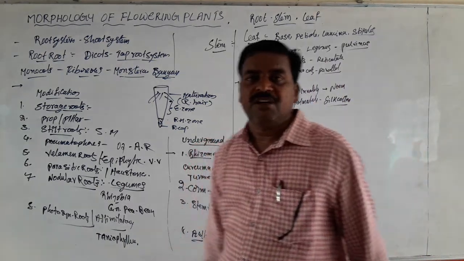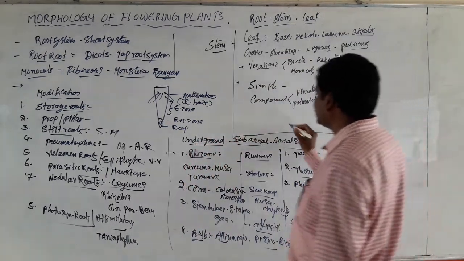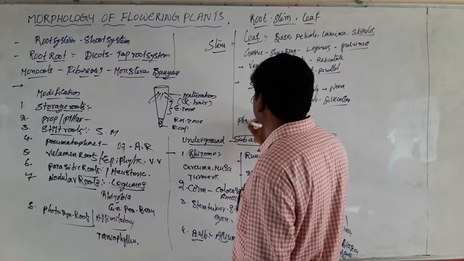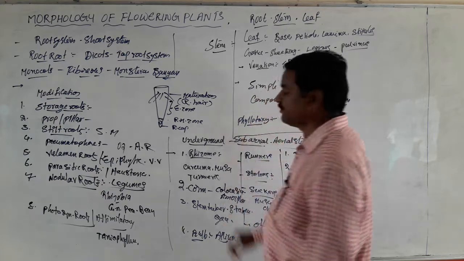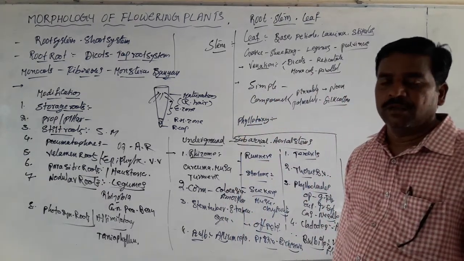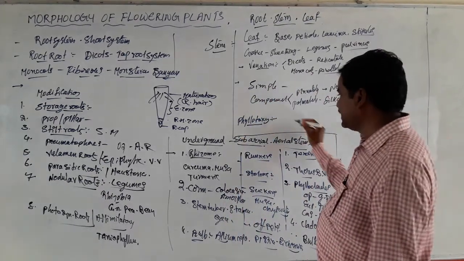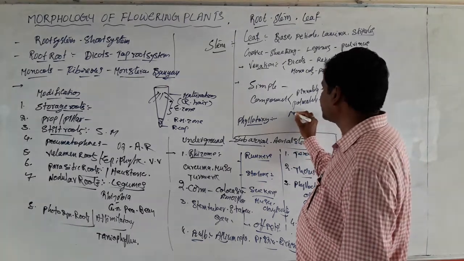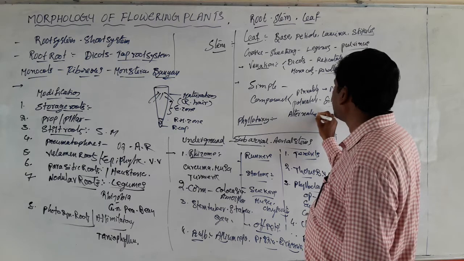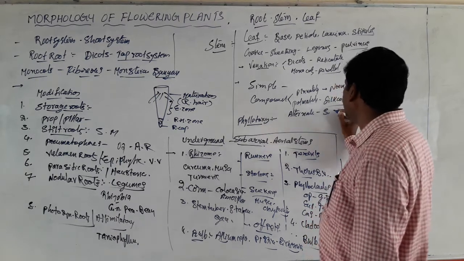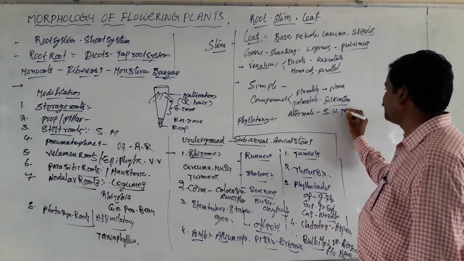The arrangement of leaves on the stem is called phyllotaxy. Phyllotaxy is of 3 types. One is alternate phyllotaxy. Examples: sunflower, hibiscus and ficus.